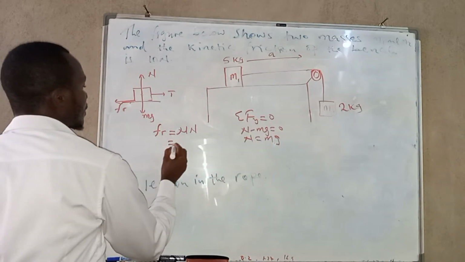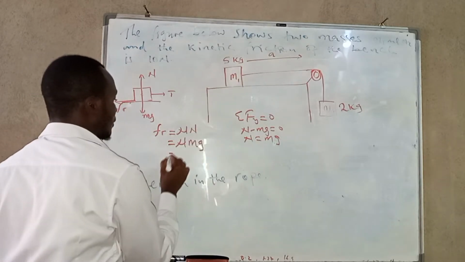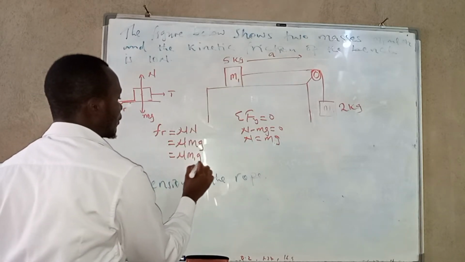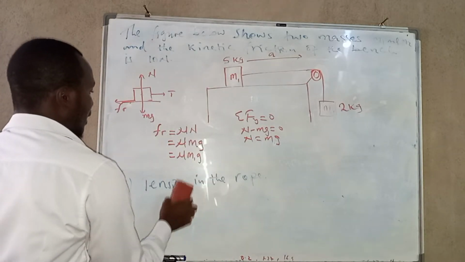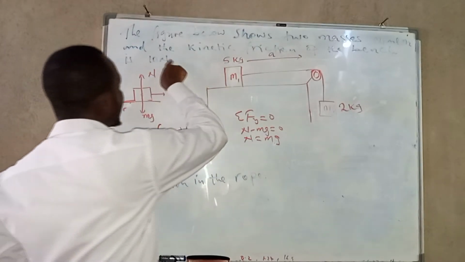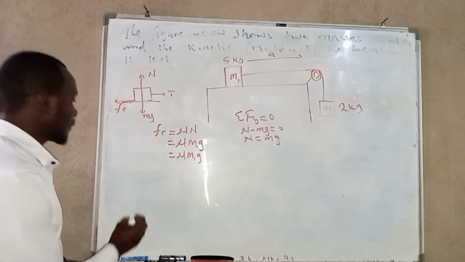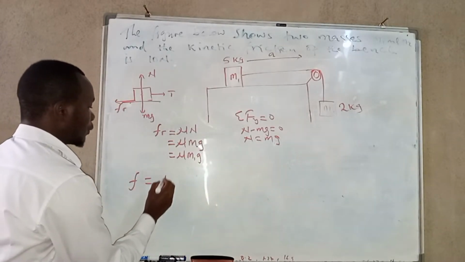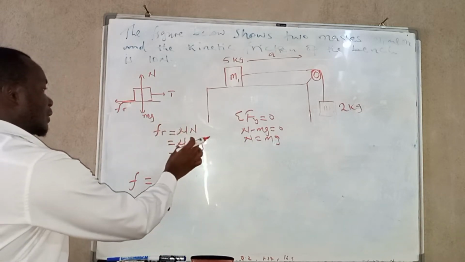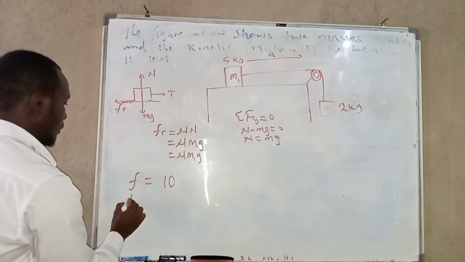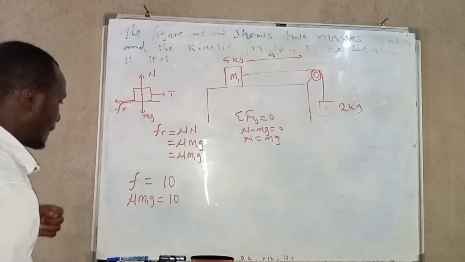mu is equal to this one, so this is going to be mg. This is 1, so we have mu m1g. From this, we know that the friction we've been given is 10 newtons. If we want, we can go direct by saying friction force is equal to 10 newtons. We know that friction force is given by this, so this will give us 10.